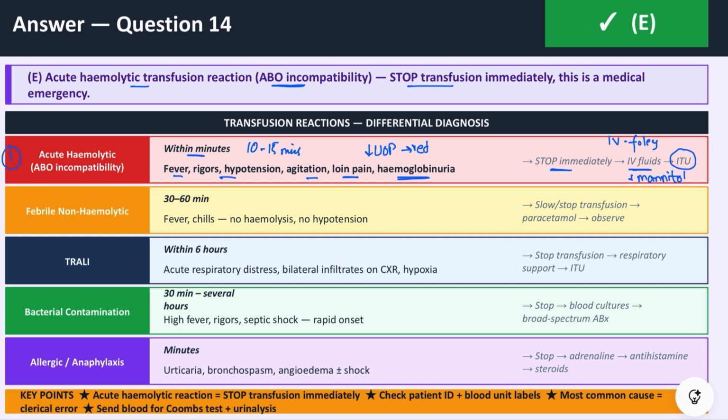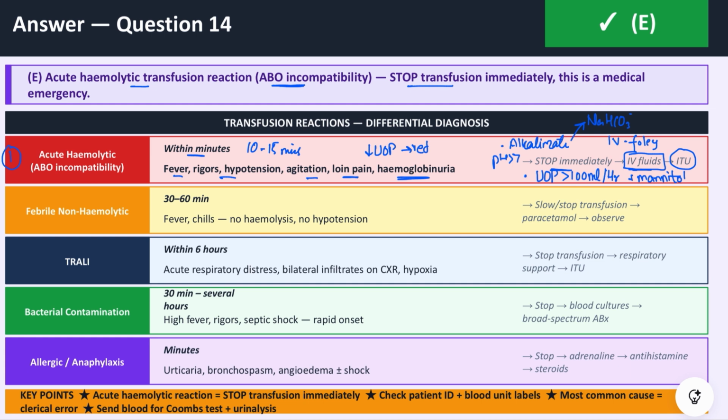Now, in addition to these things, there are certain things that you have to add as well. Once you are giving the patient adequate fluids, you have to make sure that the urine output is more than 100 ml per hour. And in addition to this, you also have to perform alkalinization of the urine, and you make sure that the pH is more than 7, and you do so by giving the patient sodium bicarbonate.